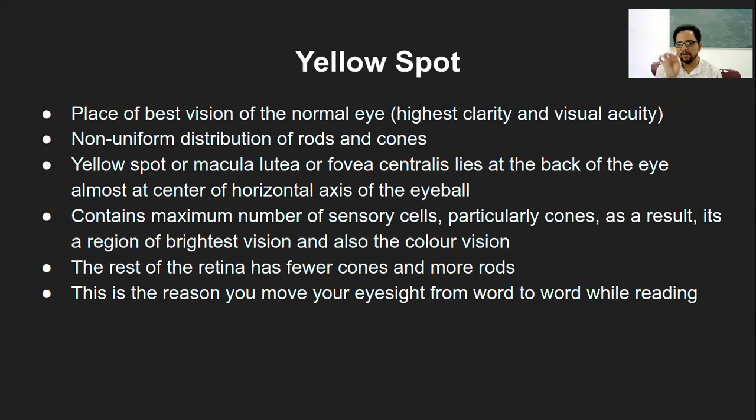So around the yellow spot or within the yellow spot, there are a maximum number of cone cells, and as a result, it is the region of the brightest vision and also the color vision. And the rest of the retina, that is all the other parts of the retina apart from the yellow spot, has fewer cones and more of the rods.